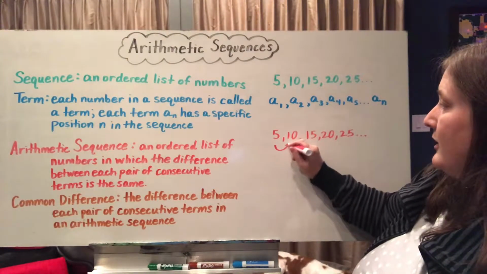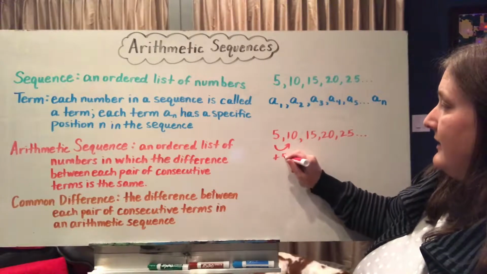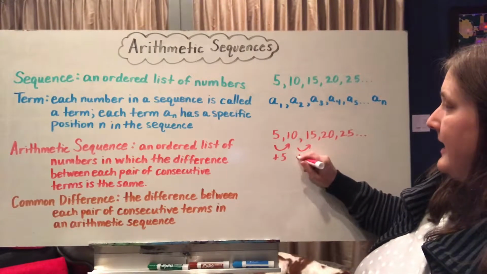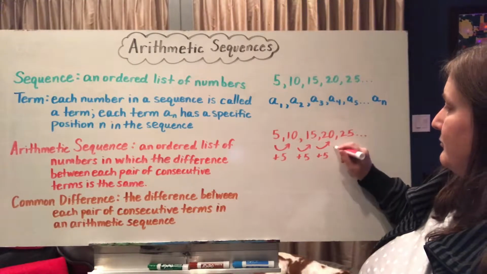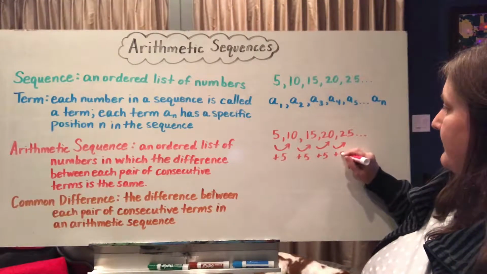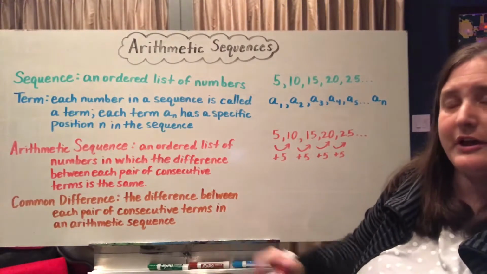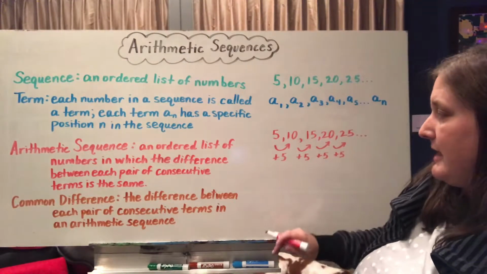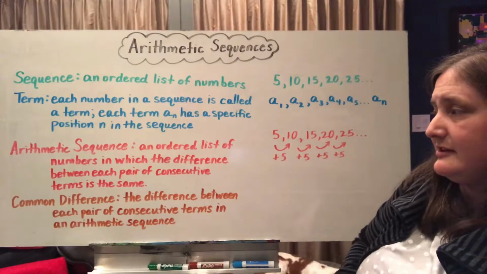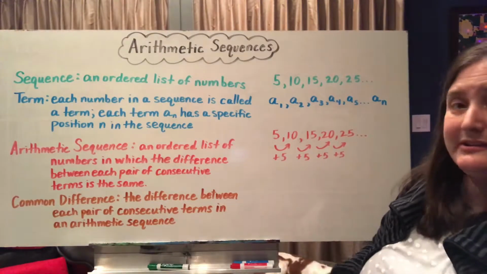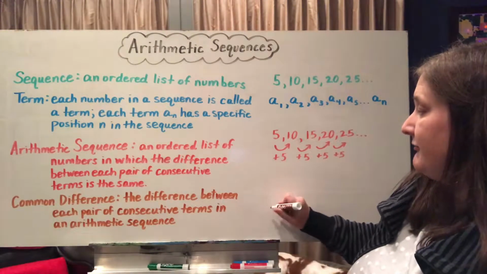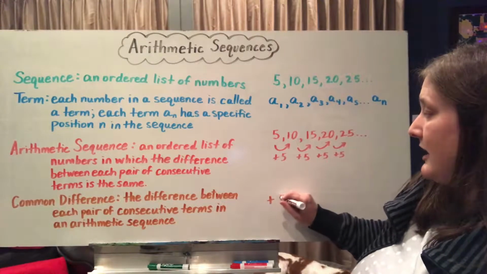Each time I go from one term to the next, I'm adding 5. So I have a common difference between each consecutive term. So the common difference of an arithmetic sequence is the difference between each pair of consecutive terms. So in this case, it's plus 5. That's our common difference.